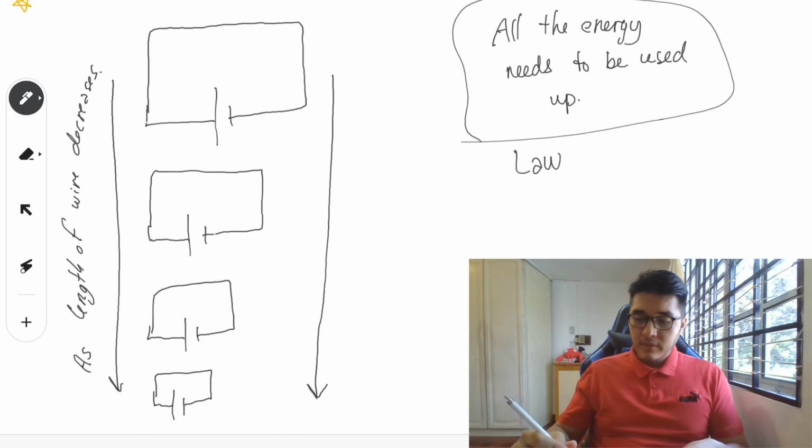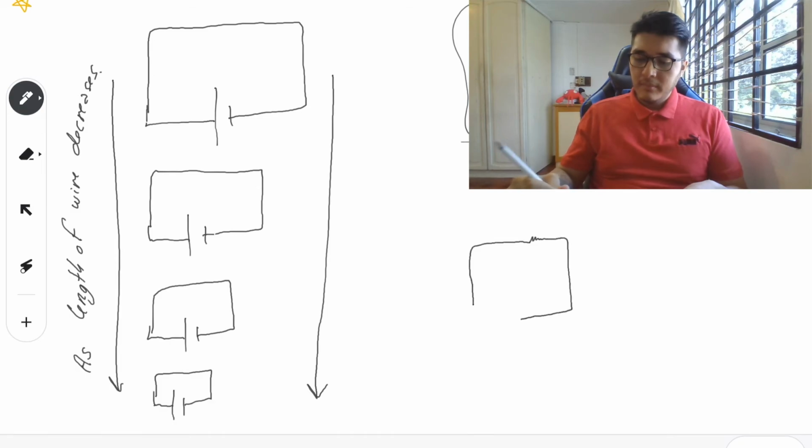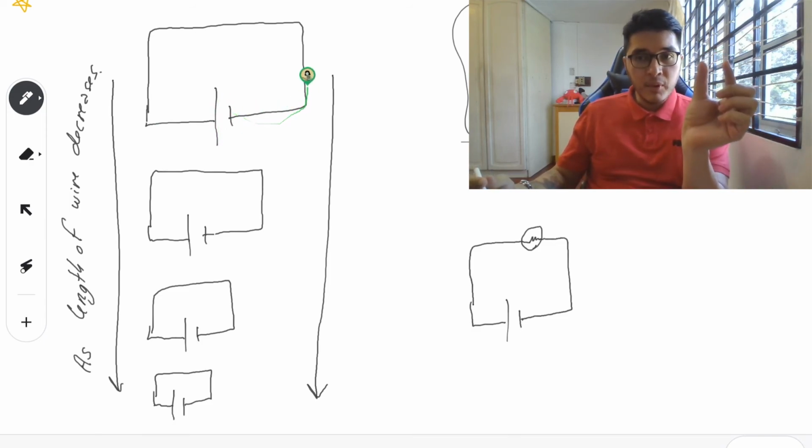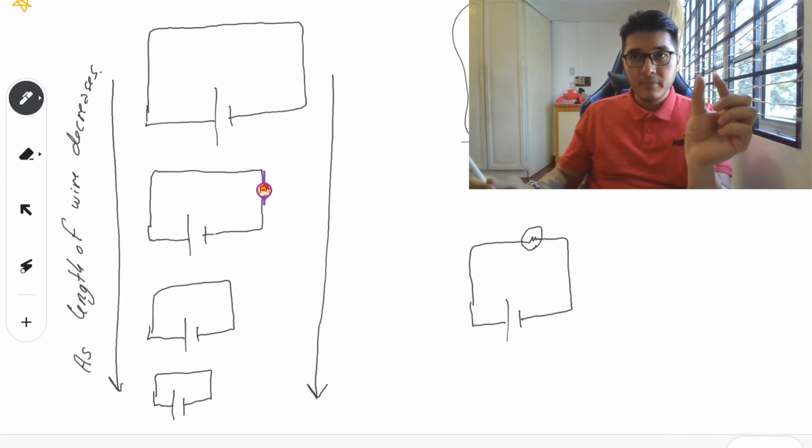Yes. So if we look at the light bulb, the light bulb is just a wire that's exposed. So what happens to this little short wire? It's going to heat up.